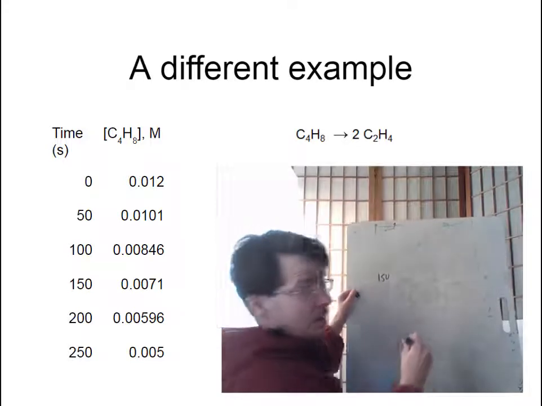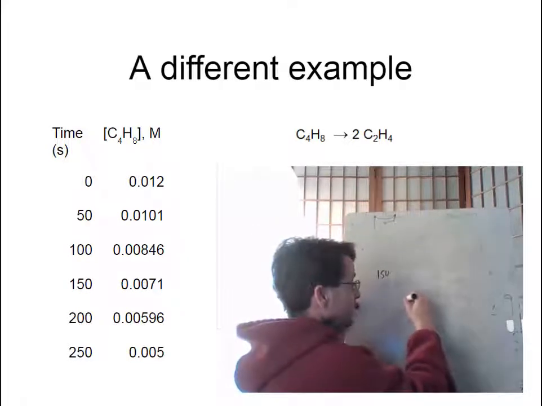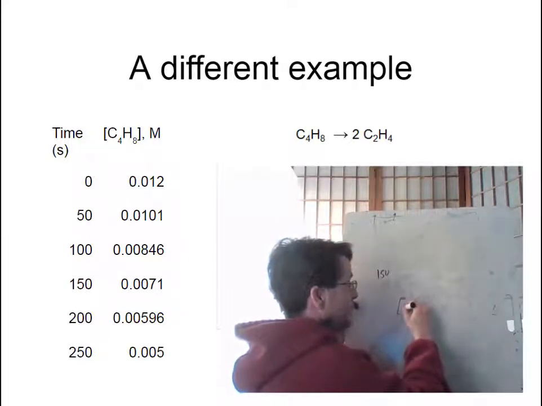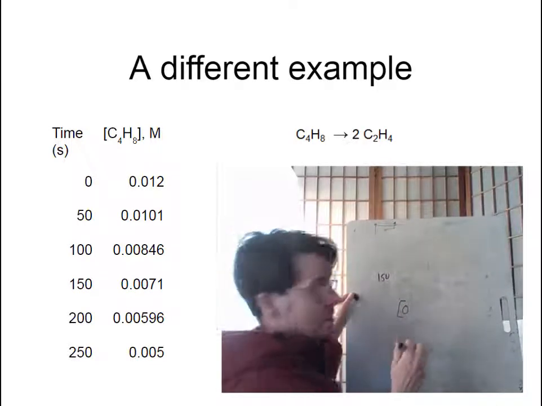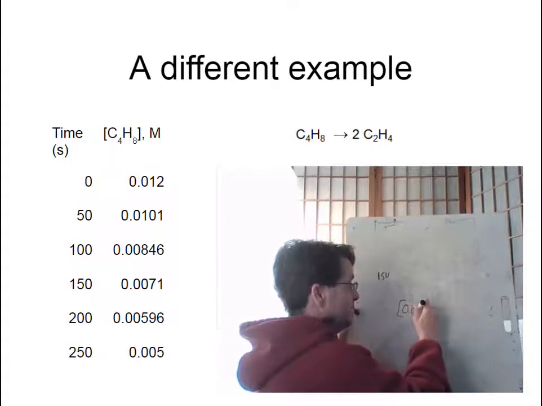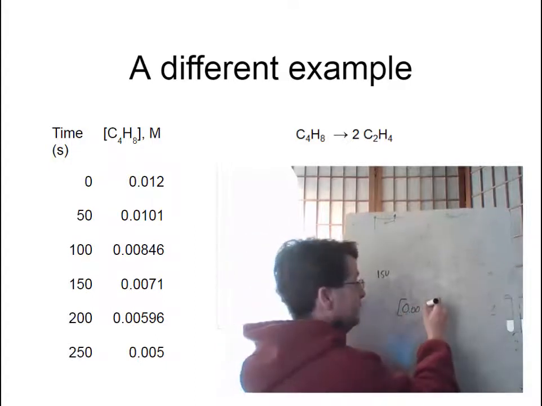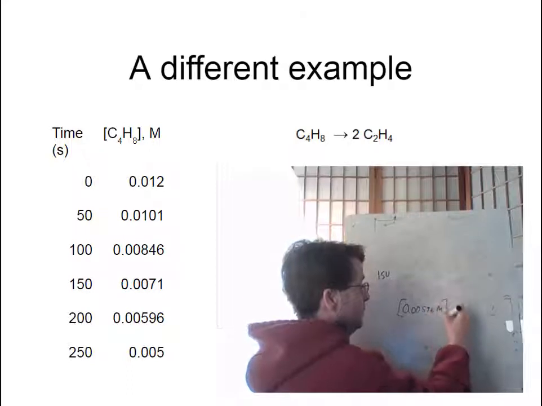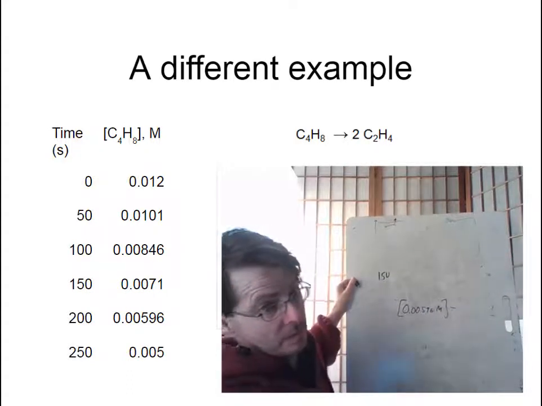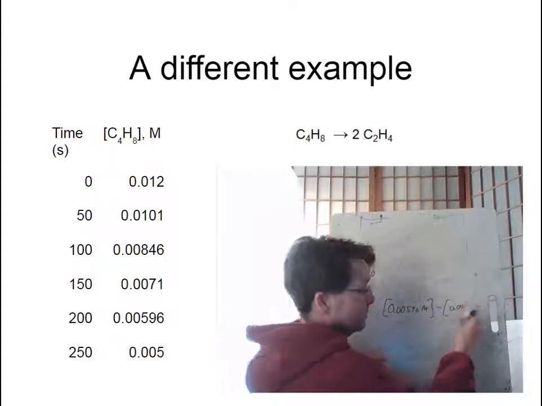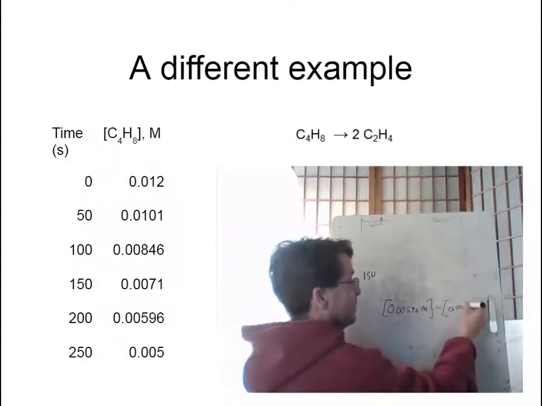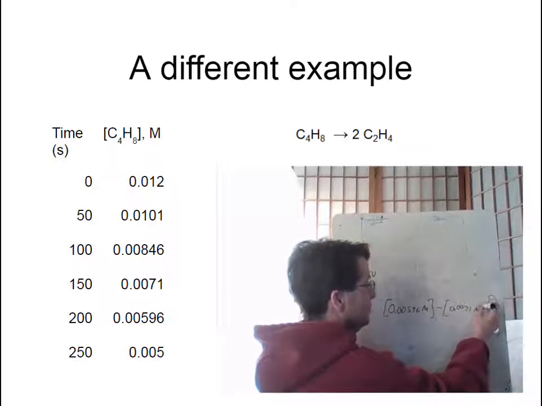So we see that the molarity at the final time of 200 is 0.00596 molar, minus the molarity at 150, which is 0.0071 molar.